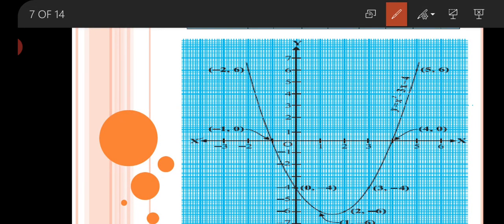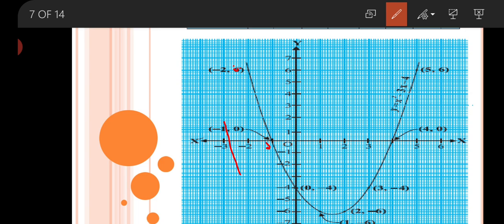One can see here, that is one point, minus 2, 6. That is another point, minus 1, which is intersecting the x-axis. So it has 1, 0 here on the x-axis, that is minus 1, 0.